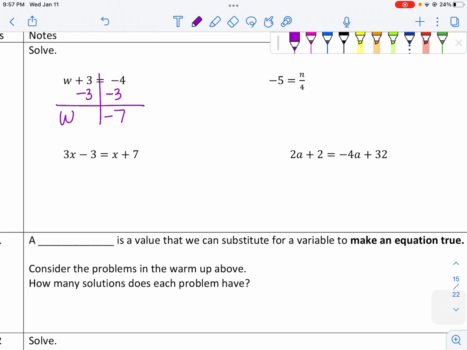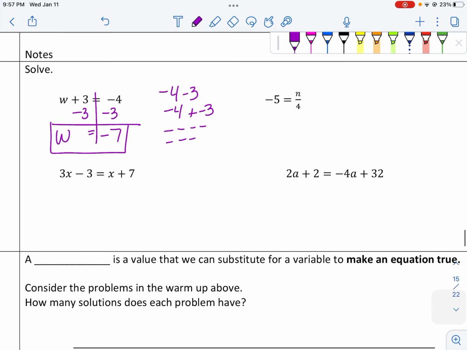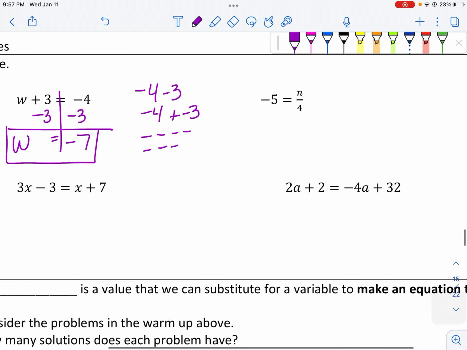So 4 plus 3 is negative 7, because negative 4 minus 3 is the same thing as negative 4 plus negative 3. So that's 4 negatives and 3 more negatives. So w equals negative 7.